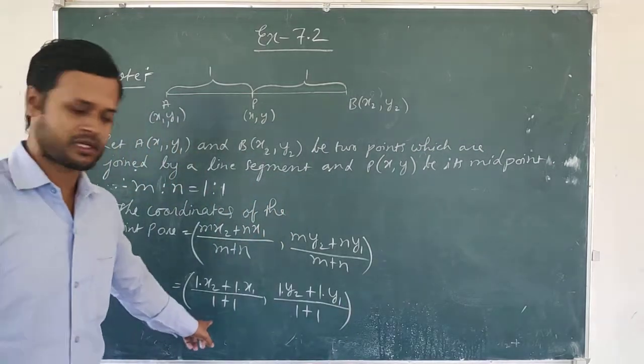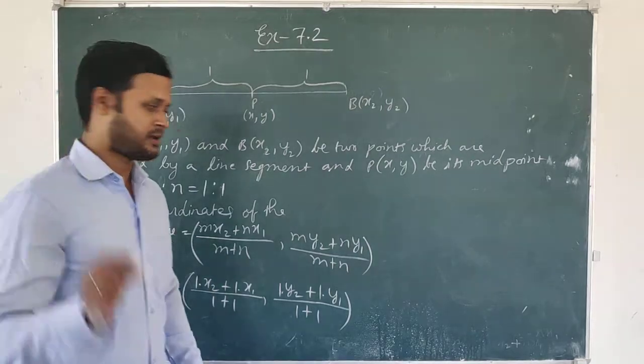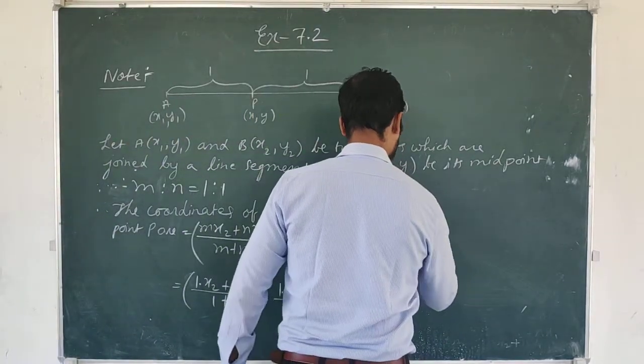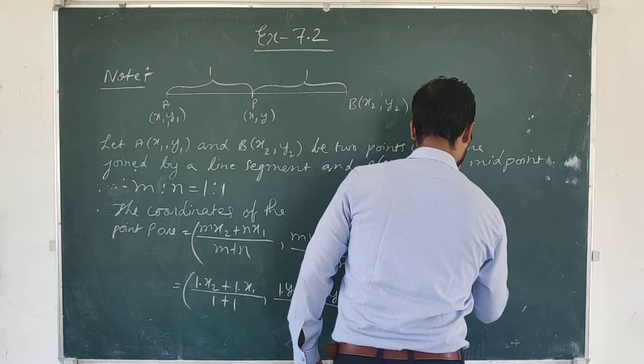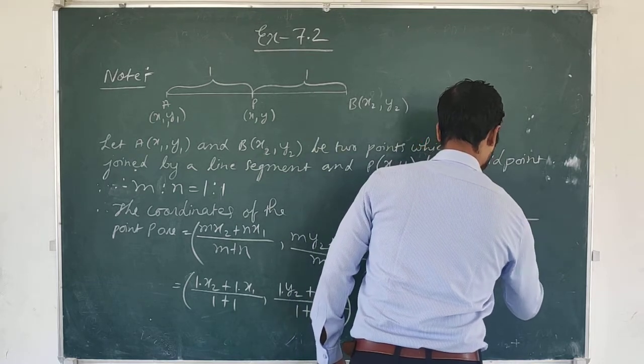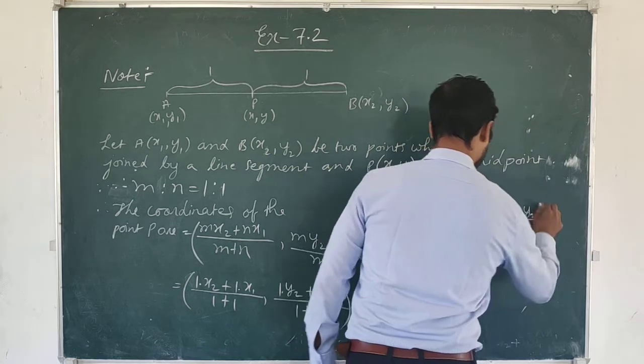Dot means multiplication, 1 into x2. So next, I can write (x1 plus x2) by 2, (y1 plus y2) by 2.